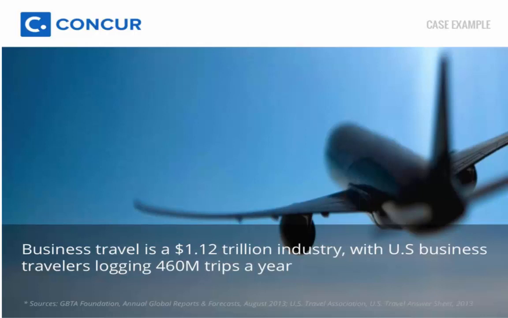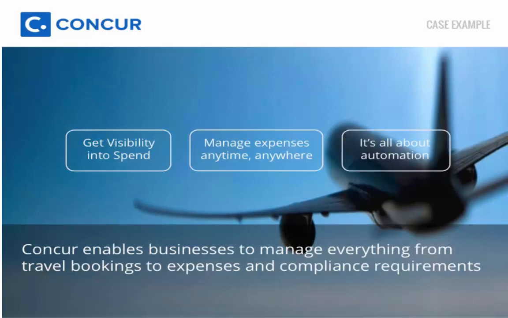So companies really need to get a handle on that, and that's something that Concur does for a company. Concur enables the business to manage everything from travel bookings to expense and compliance requirements. Their motto is that it's all about automation, managing expenses anytime, anywhere, and getting visibility into spend.